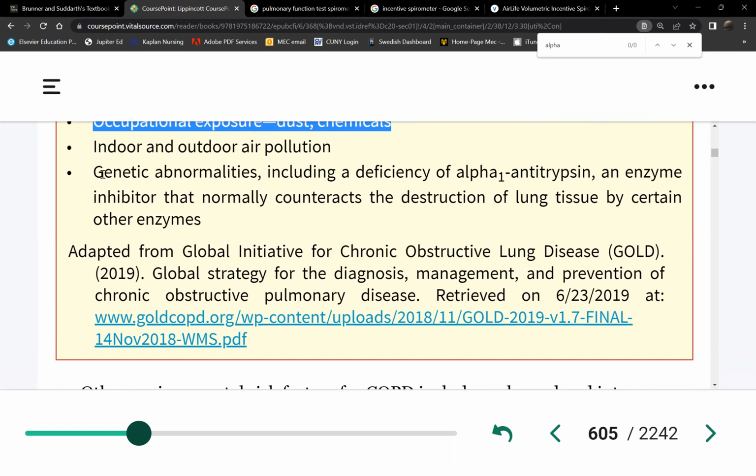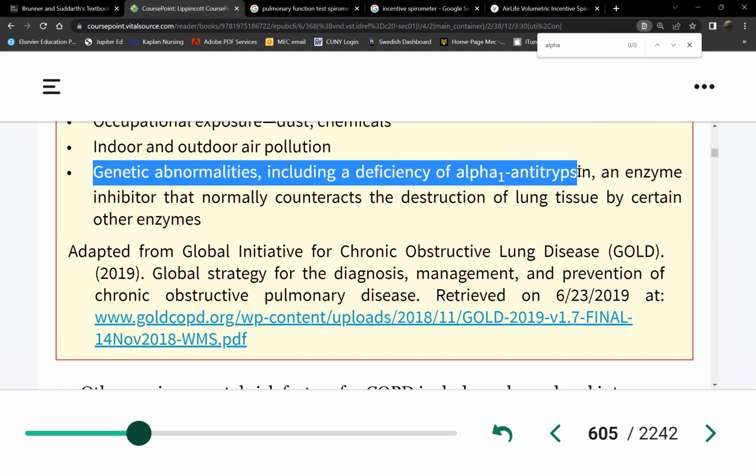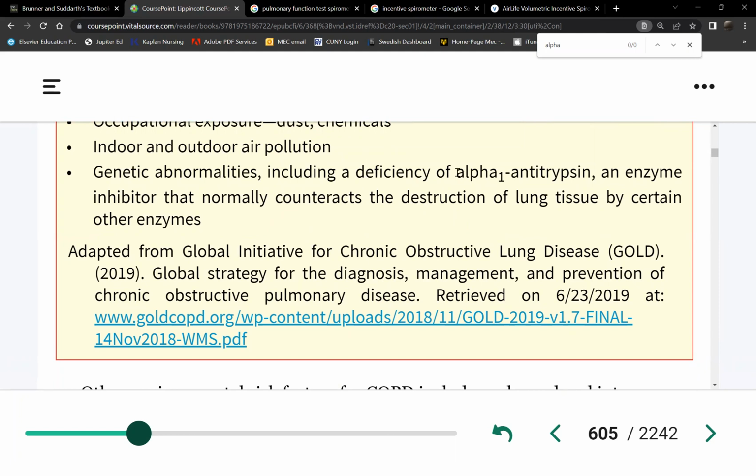And as mentioned earlier, the unfortunate people who have alpha-1 antitrypsin deficiency. What is alpha-1 antitrypsin again? Breaks down. Protease, very good. Okay, so it counteracts the destruction of lung tissue by the enzyme protease.